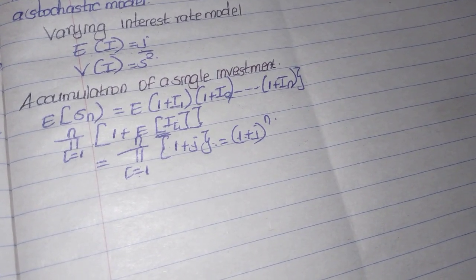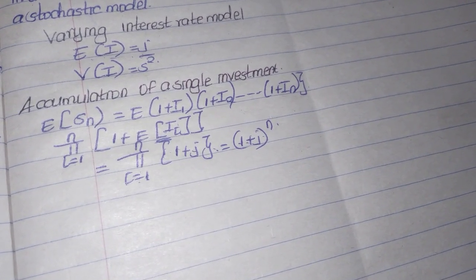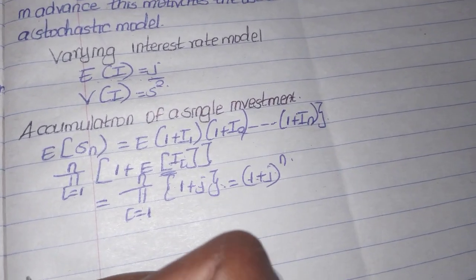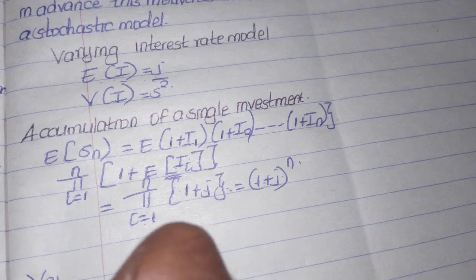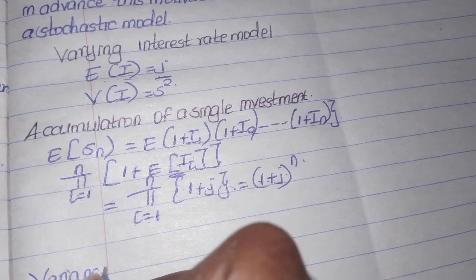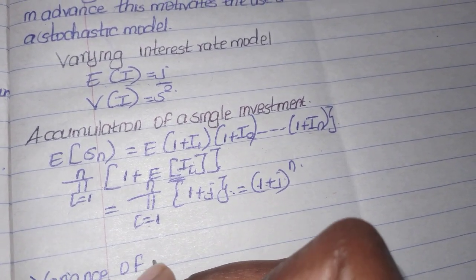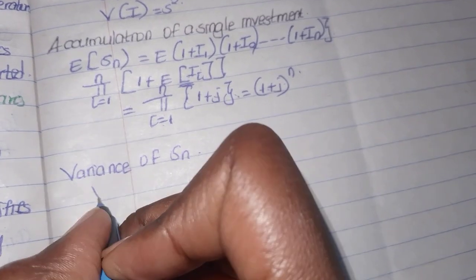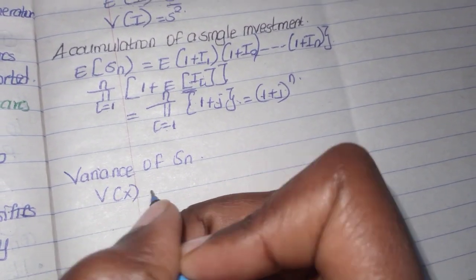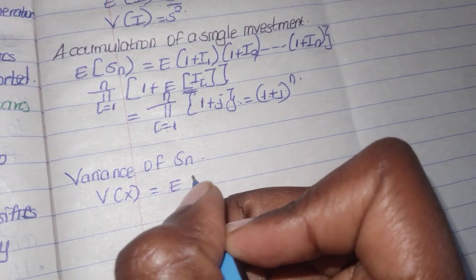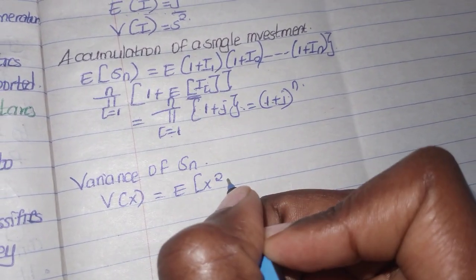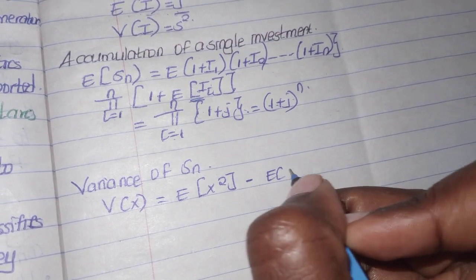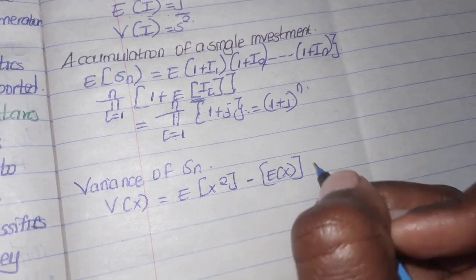The variance of Sn is calculated from the standard expression. We know that the variance of X is equal to the expectation of X squared minus the expectation of X, all squared.